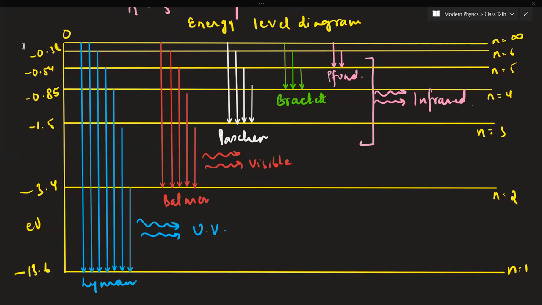Now see, certain values I have marked here on the left-hand side. These are basically energies. In the last class, remember, we had written one formula of energy: E is equal to minus 13.6 Z square by N square electron volt. Yes or no? Did you all revise it? Check your notes, you must have written it.